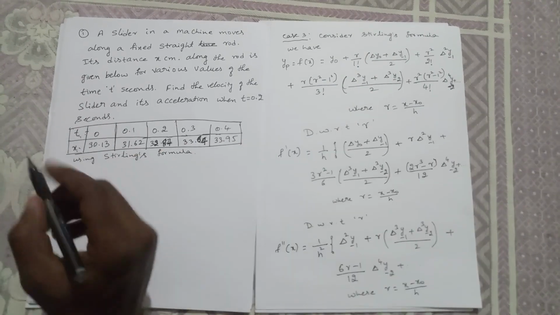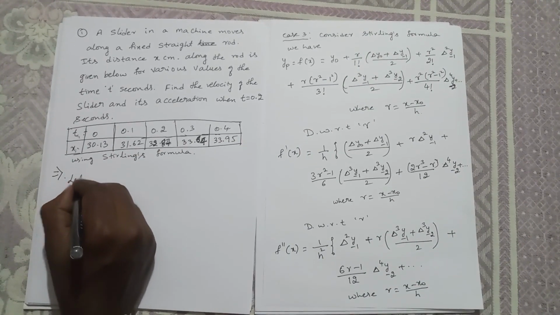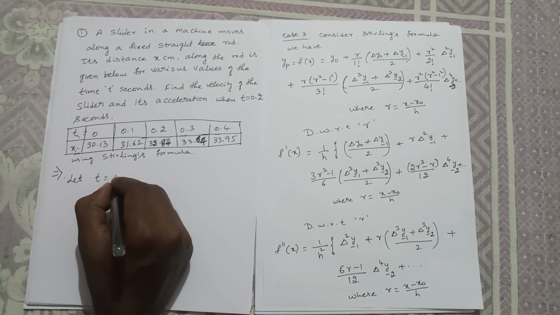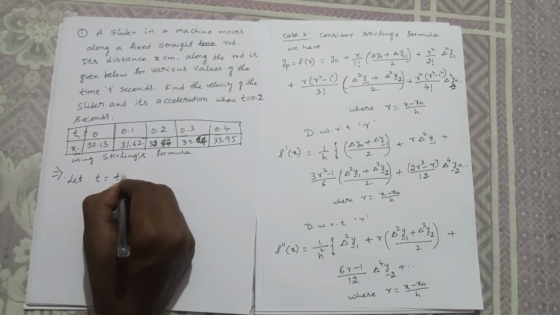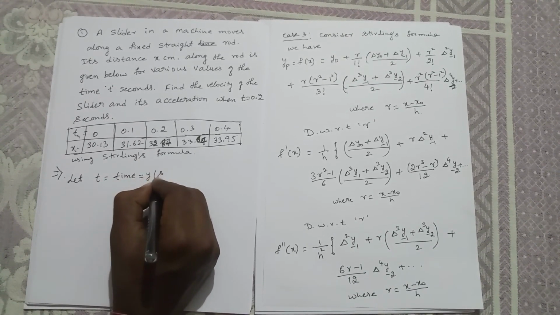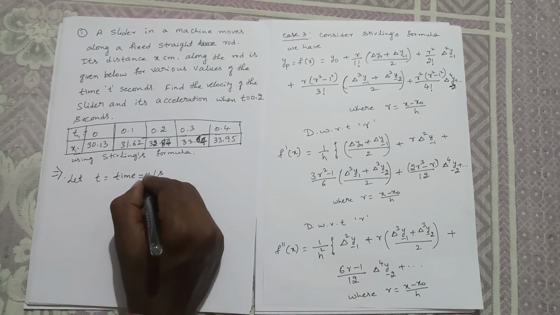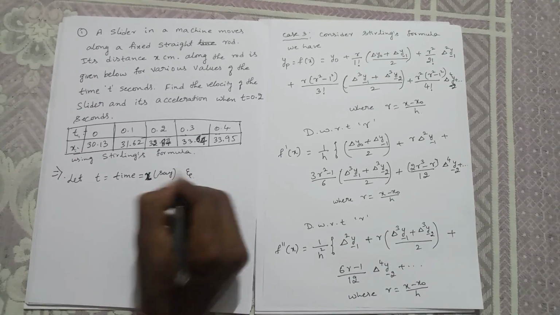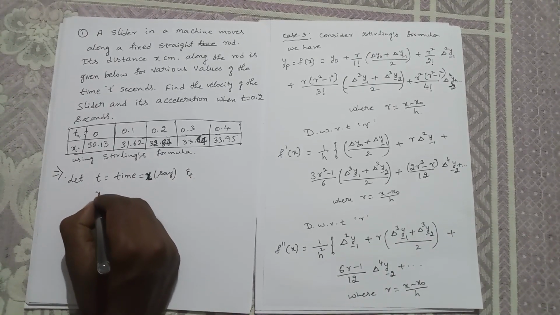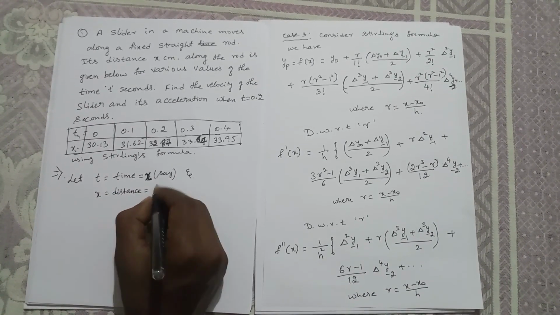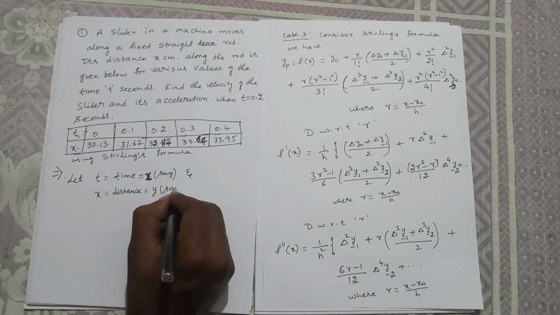So better you have to take, let t equals time. So I can say this one as x, and x equals distance, so I will take this one as y.